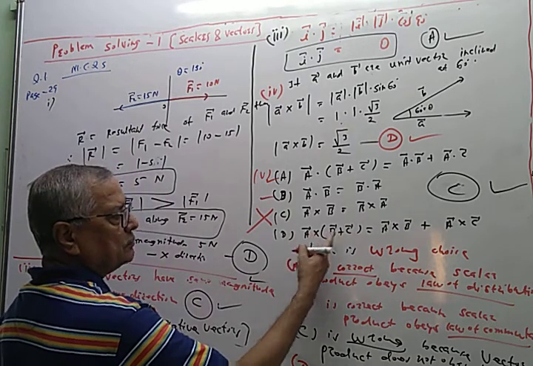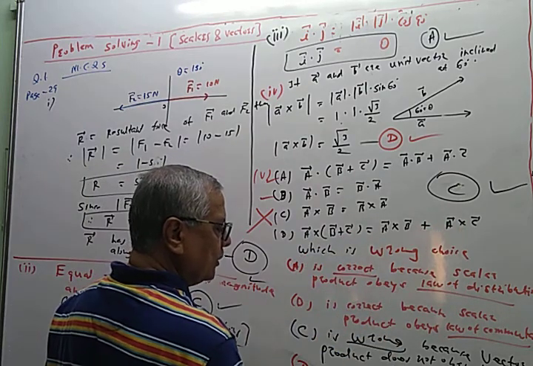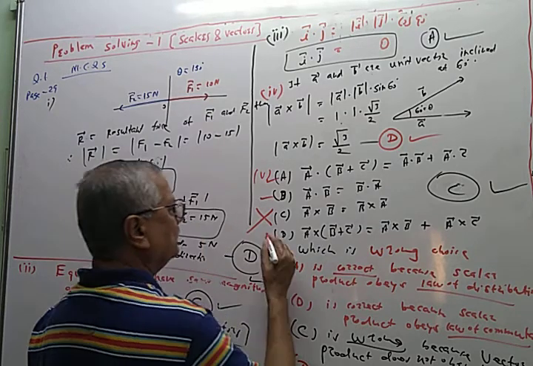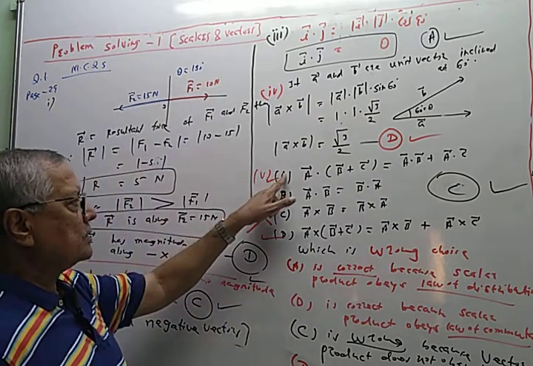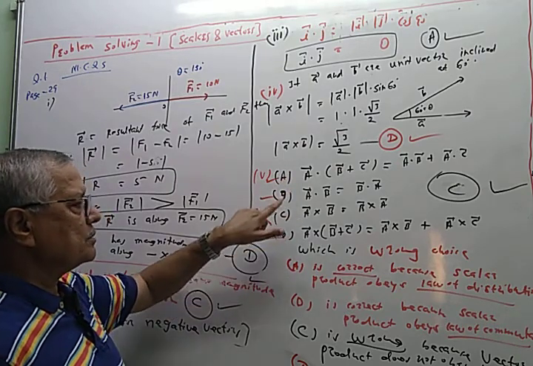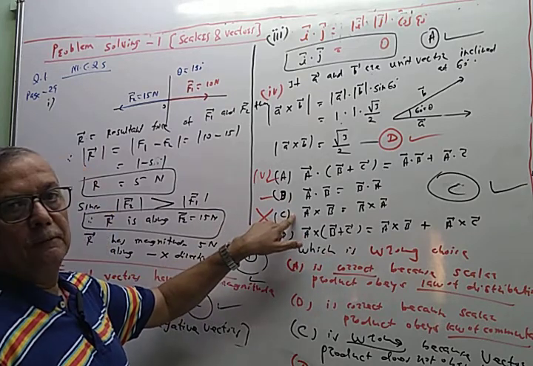There are two operations: multiplication and addition. So this is called the law of distribution. So A statement is a correct property, B statement is a correct property, D statement is a correct property, C statement is a wrong property. So the wrong choice is C.